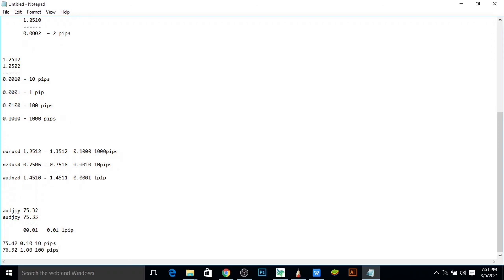So that's with yen pairs, right? It's just basically you start from this second decimal place as opposed to your fourth decimal place for other pairs, right? So that's just basically that.